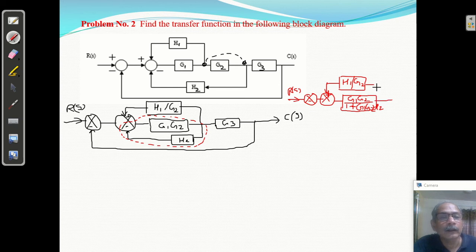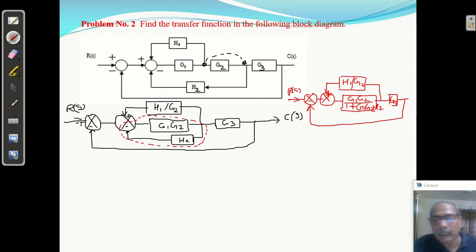Then, okay, and this is the G3, and this is the unity feedback, negative feedback, this one.